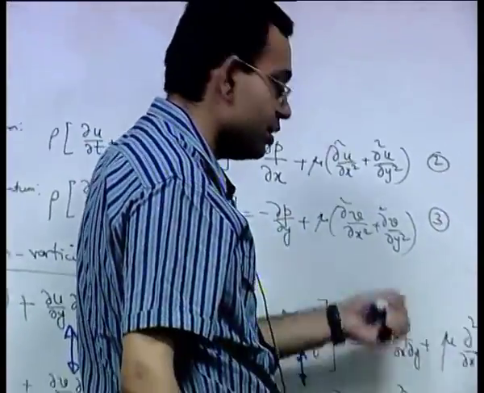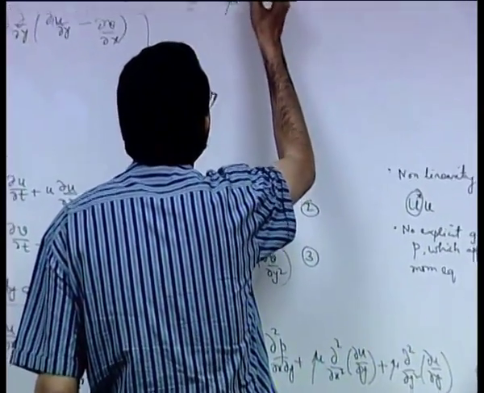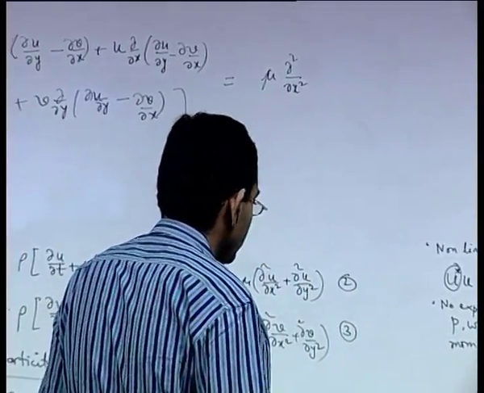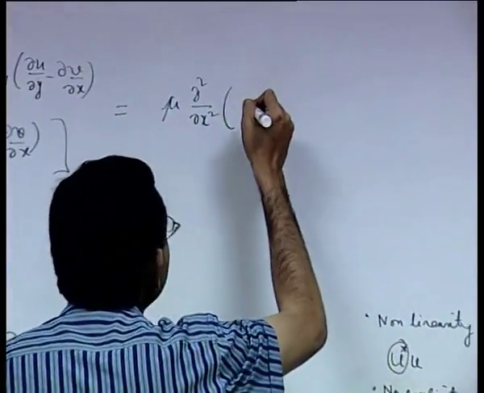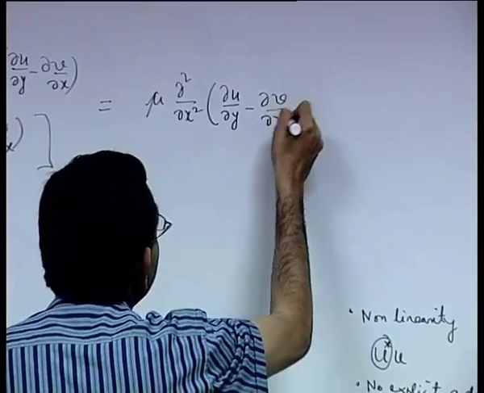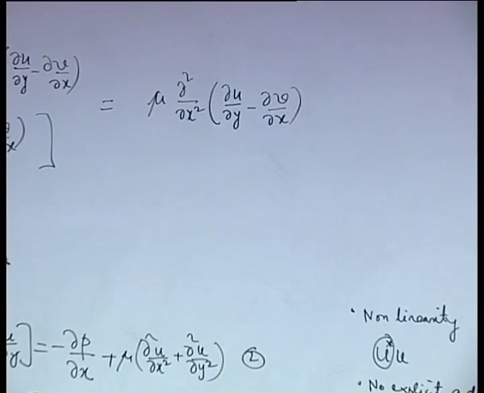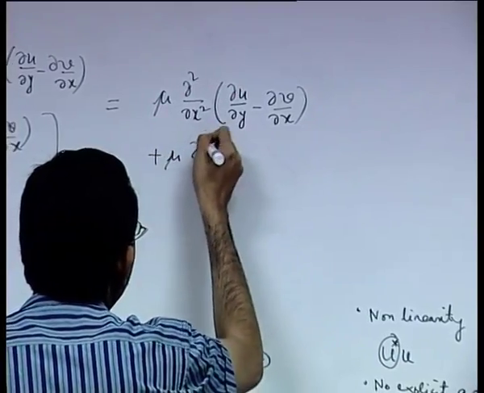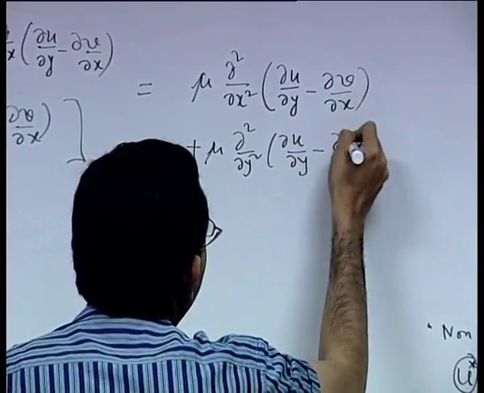First two terms cancel, then mu plus mu del 2 del y 2 of del u del y minus del v del x.